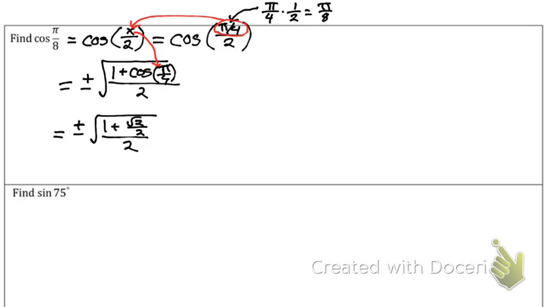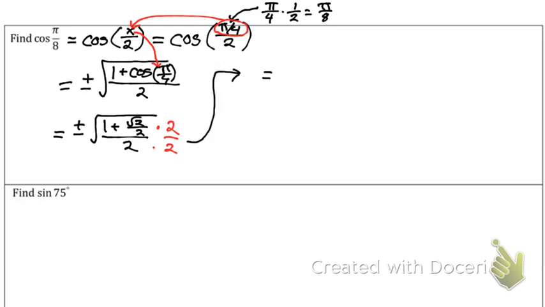Keep, change, flip. Sounds like a lot of fun. Why are there so many 2s? Rather than doing that, I'm going to multiply my numerator by 2, which means I have to multiply my denominator by 2. That will clear out those fractions. You have to remember to distribute the 2 to everything.